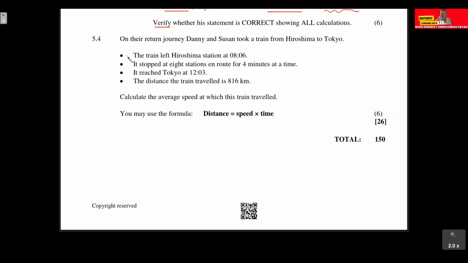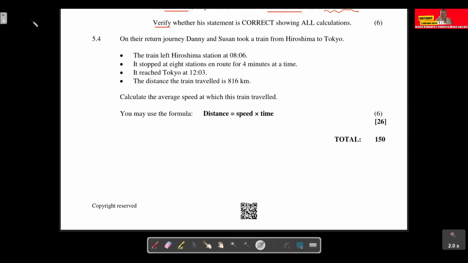The train left Hiroshima station at 8:06, and it stopped at 8 stations en route, for 4 minutes at a time. So at every station, the train stopped for 4 minutes.